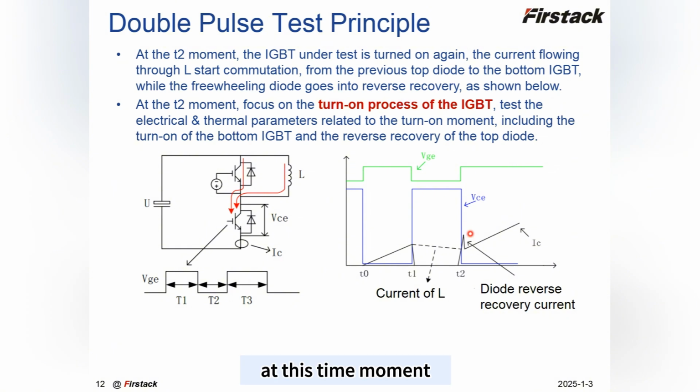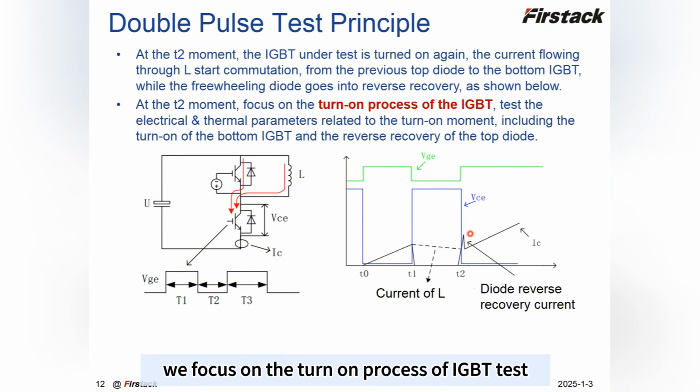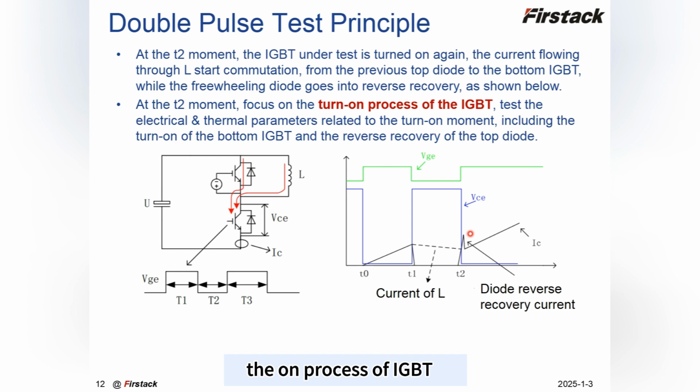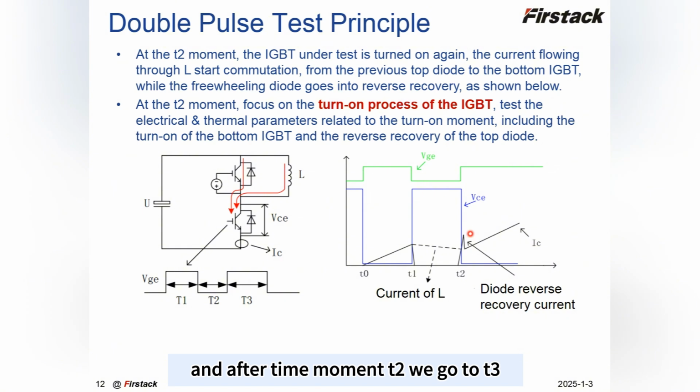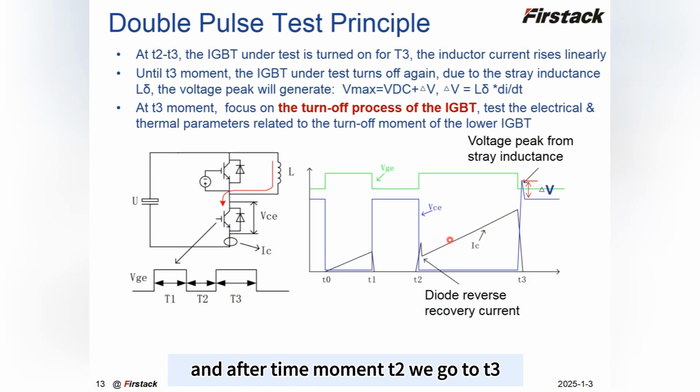At this moment, we focus on the turn-on process of the IGBT test, the electrical and thermal parameters related to the turn-on process of the IGBT, and we can also check the details of the reverse recovery process of the corresponding diode. And after time moment T2, we go to T3.